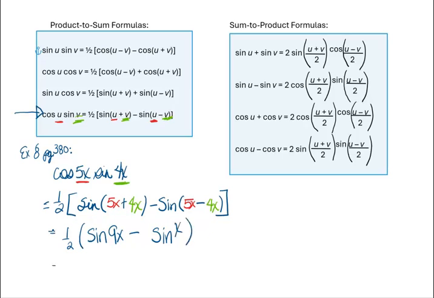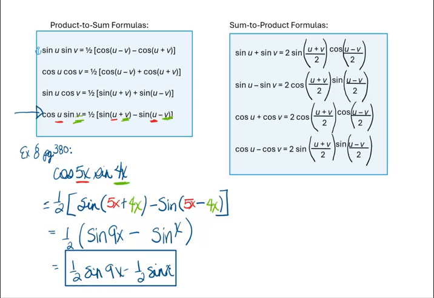And so it becomes 1/2 sine of 9x minus 1/2 sine x. And that's all I have to do. I was just rewriting this product as a difference. This was just an example to show you how to convert between the two.